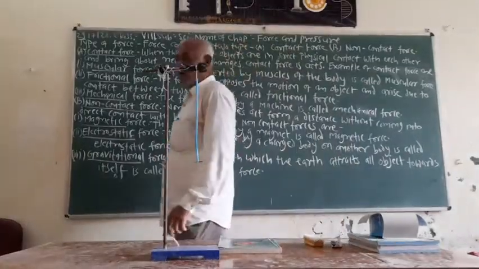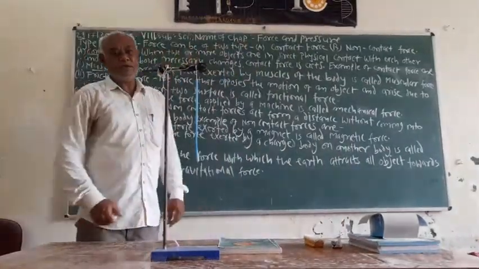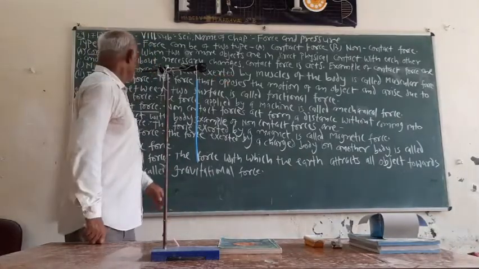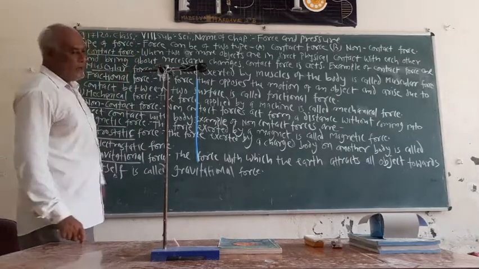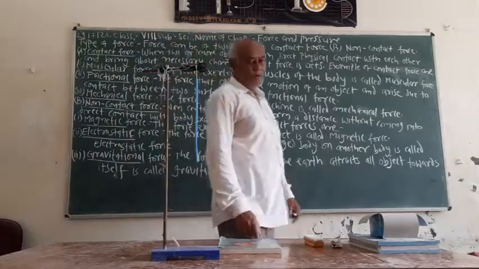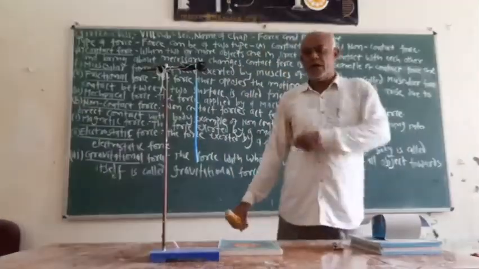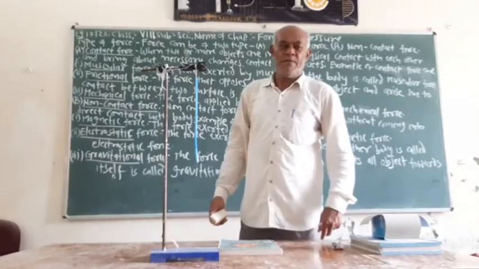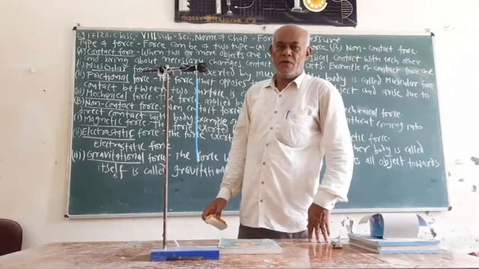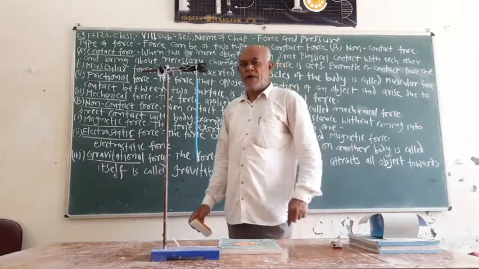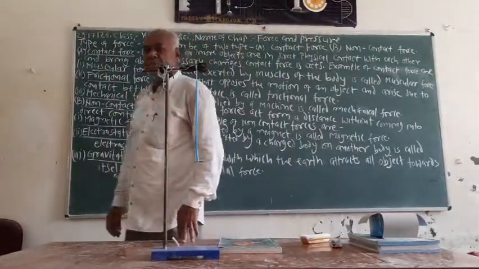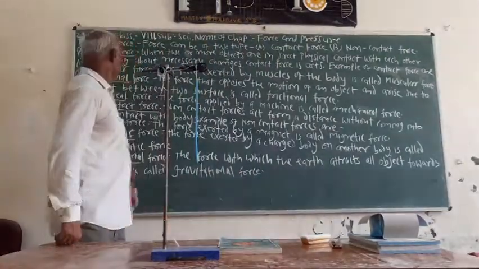Therefore, muscular force is the force exerted by the muscles of the body and is an example of contact force. If we do not contact the object on which we apply a force, then the force cannot act. Force can act only when we contact the object. Therefore, muscular force is an example of contact force.